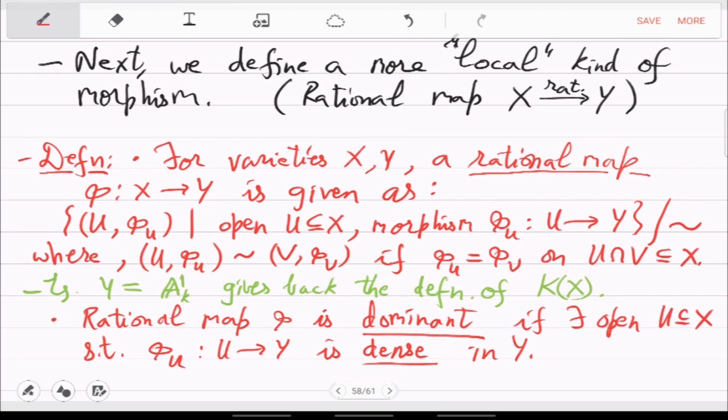We basically want to say that it's almost everything. So the image of phi U inside Y is almost everything in Y. Okay, in particular if phi U is Y, then we will say that the map phi is a dominant map.